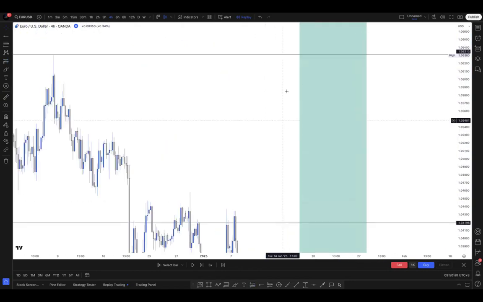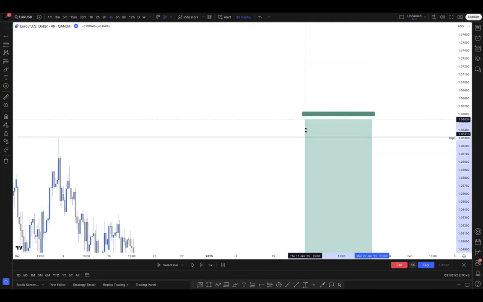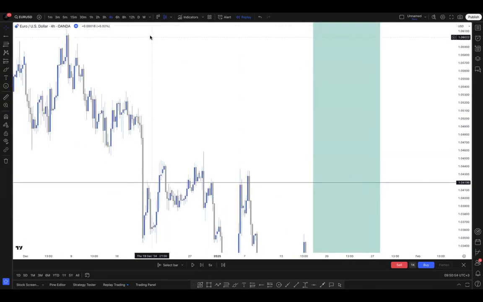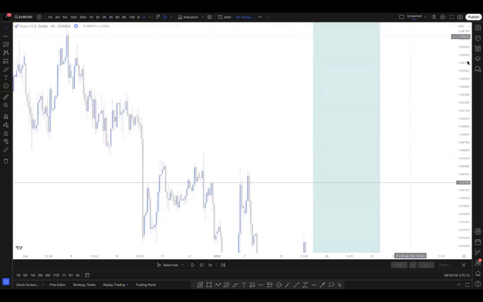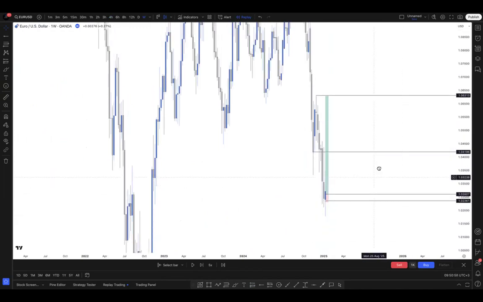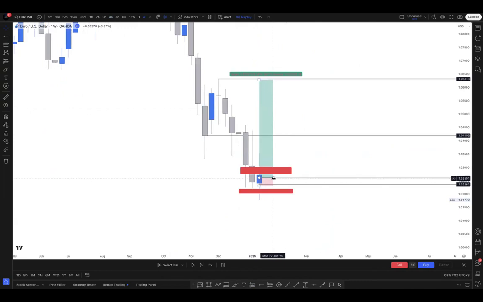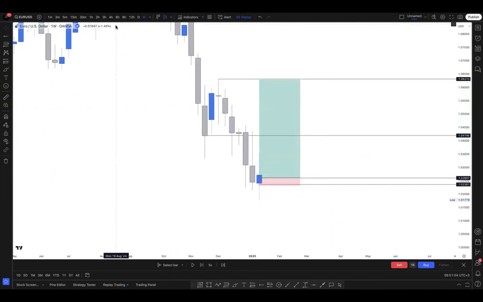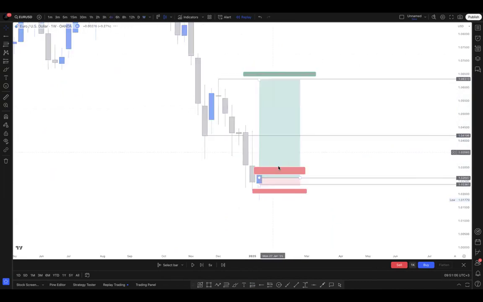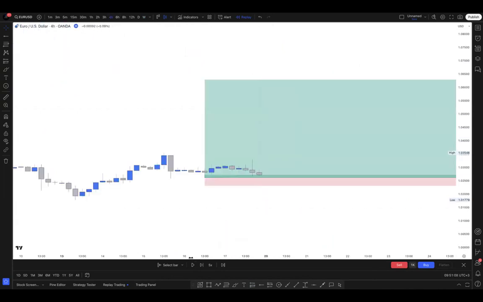I know we are getting back into some weekly area of liquidity here inside. If you go back to one week, this is how it would look. If I go back to the 4-hour, you're going to see the next weekly candle is formed by that.